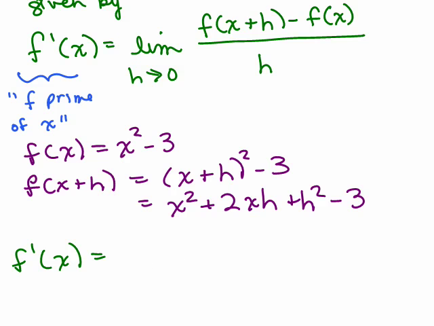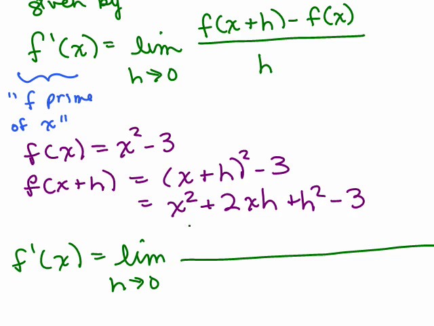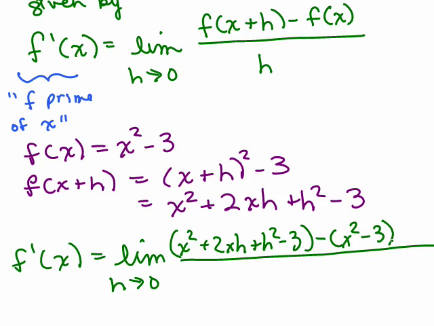Don't forget to write the limit as h approaches 0. And in the numerator, we're going to have f of x plus h, which is x squared plus 2xh plus h squared minus 3, minus f of x, which is x squared minus 3, and all of that is going to be over h.